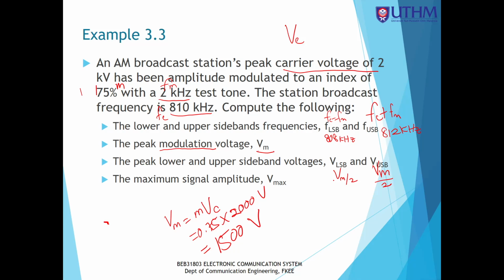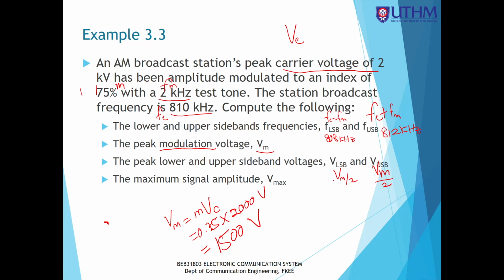Remember the peak amplitude, VC peak, so I write here peak is equal to square root of 2 multiplied with VC in term of RMS. Okay, so you can get the peak amplitude.